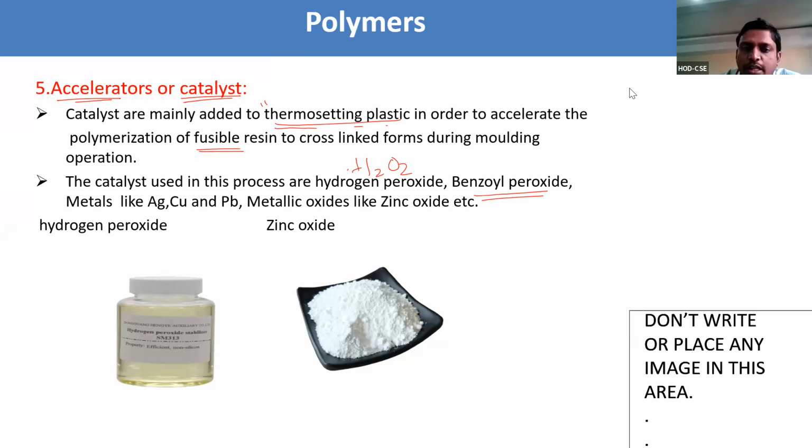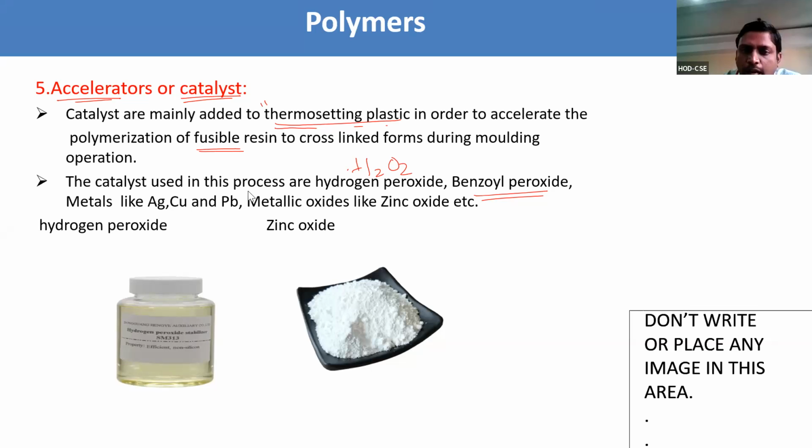The catalysts used in this process are hydrogen peroxide H2O2, benzoyl peroxide, and metals like copper, lead oxide, zinc oxide. Here they act as catalysts. It converts the thermosetting plastics into the cross-linked form during the operation.